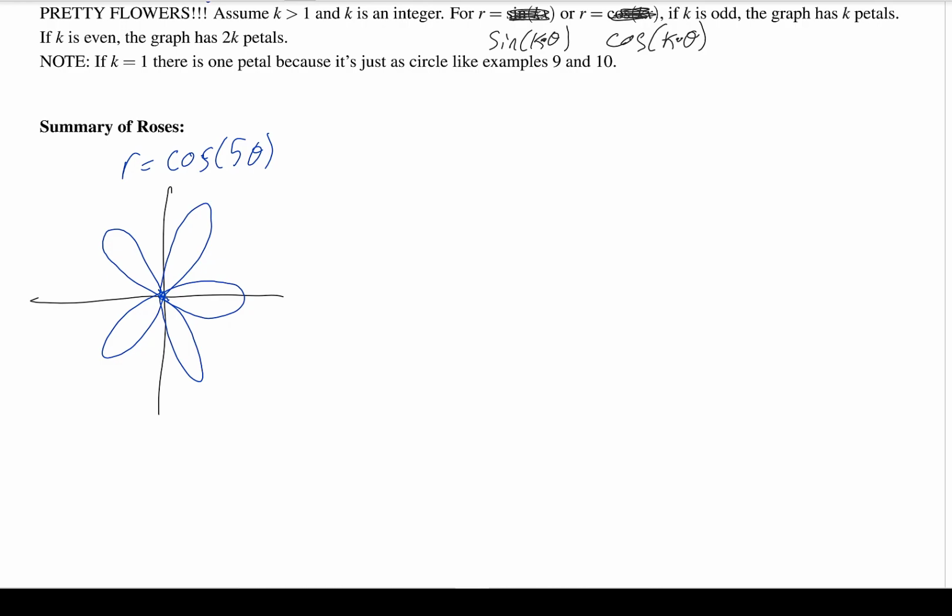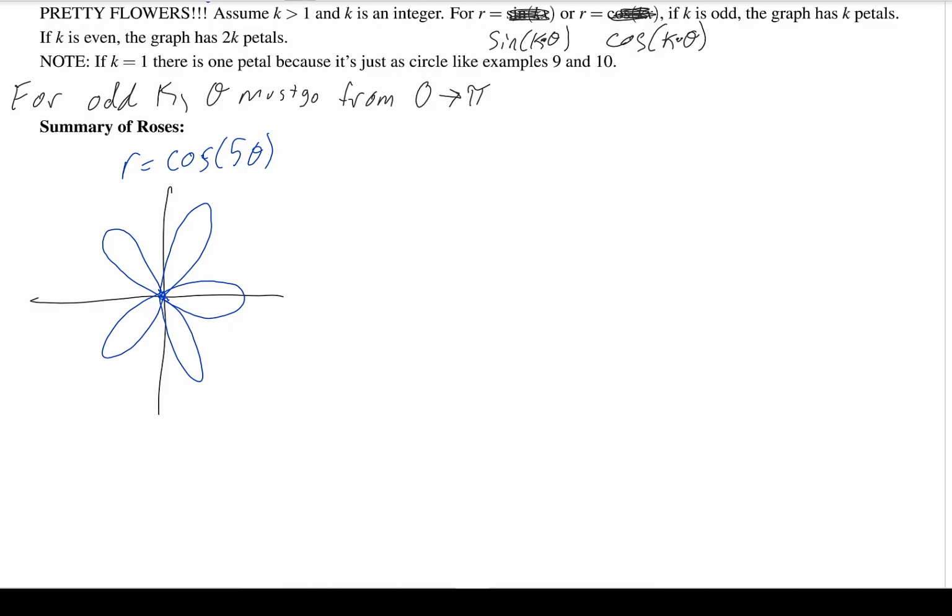Now, whenever your k value is odd, so for an odd k value, theta must go from 0 to pi in order to get all of the petals, right? In order to generate the full graph.